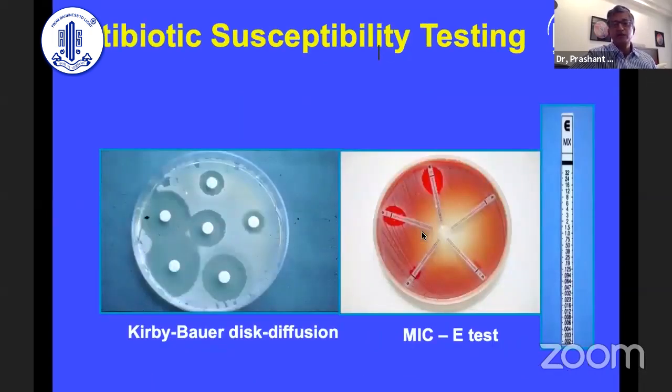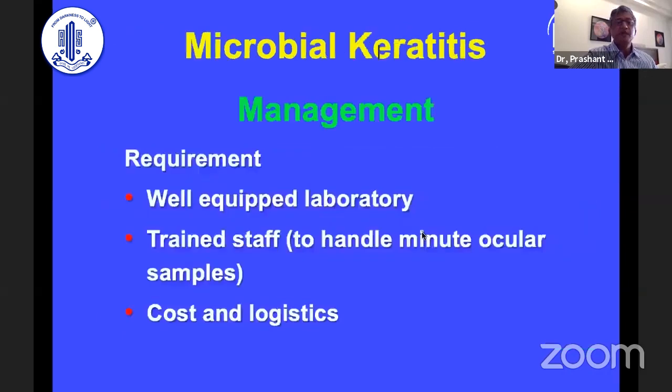If you have to know the antimicrobial susceptibility, then your lab must also be equipped to do antibiotic susceptibility, either using the Kirby-Bauer disc diffusion method or E-strip. All of these tests require a very well-equipped laboratory, staff trained to handle these ocular samples, and there is cost and logistics involved.